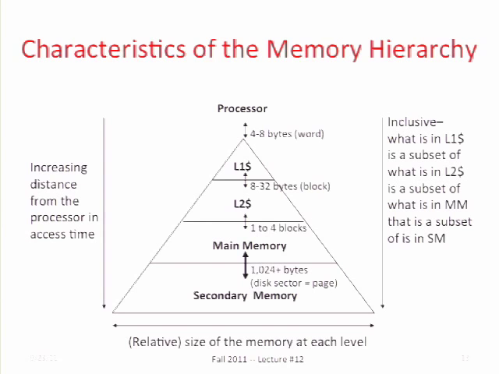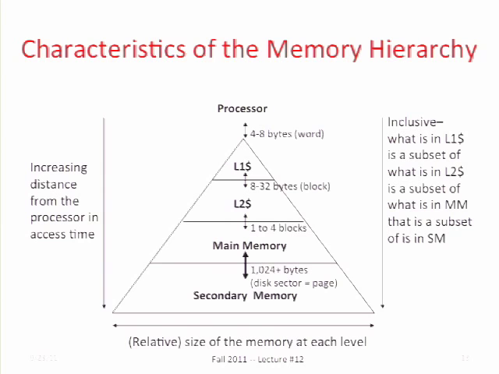Typically, as you go down this hierarchy, that transfer unit gets bigger and bigger. So as an example, when you go from level 1 to level 2, maybe instead of 4 to 8 bytes, you're doing 8 to 32. So you're reading in bigger chunks. When you go from L2 to main memory, you're going to read 4 of these things.